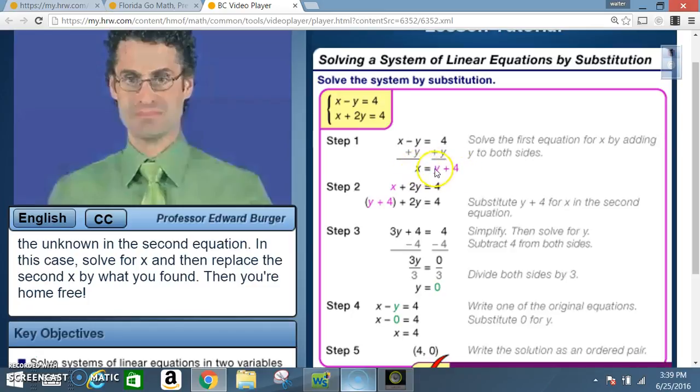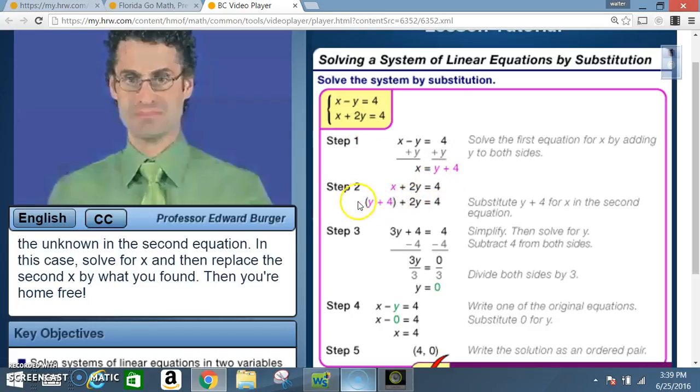Now we take the x is equal to y plus 4 and we're going to substitute this right there. So in place of x, we're going to put down y plus 4. Why? Because x is equal to y plus 4. All right, and then after doing so, we'll end up with y plus 4, that's what the x is, plus 2y, and that's equal to 4.